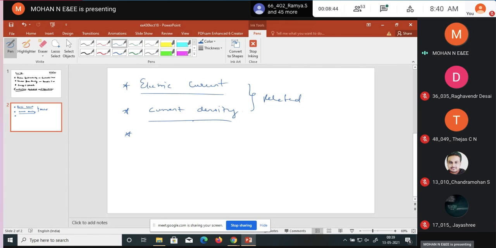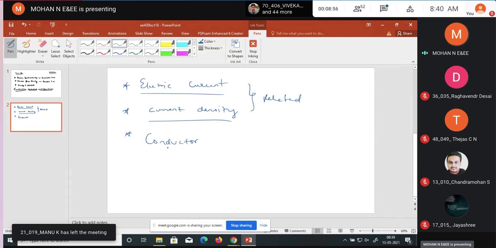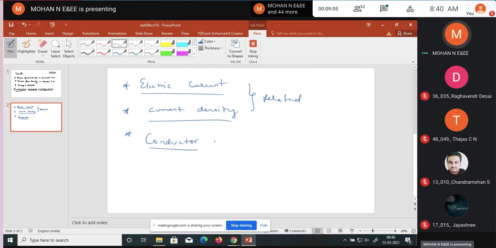Before knowing the definition of electric current, you should know what exactly a conductor is. A conductor is made up of metals such as copper and aluminium, and these have some free electrons.